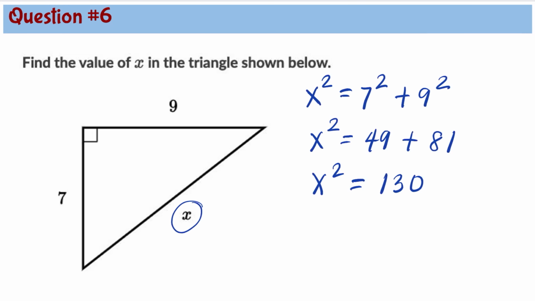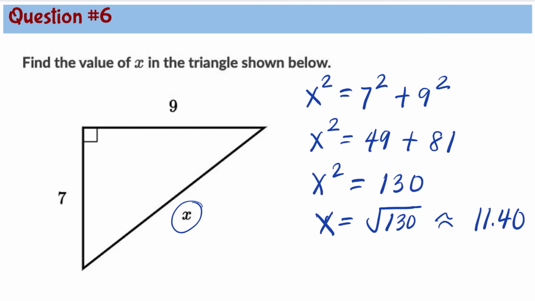Now we need to get the square root of both sides. And when you get the square root of both sides, 130 is not a perfect square, so we can use square root of 130. And to change this to decimal, just use your calculator. Square root of 130 will give us 11.4.